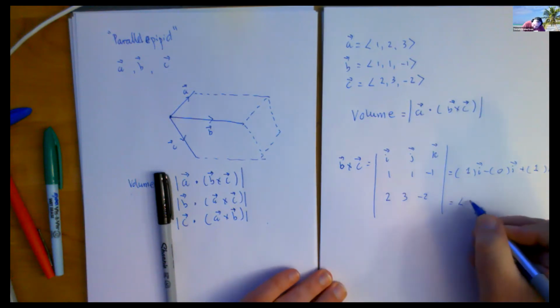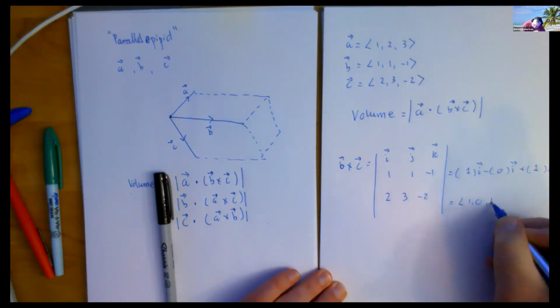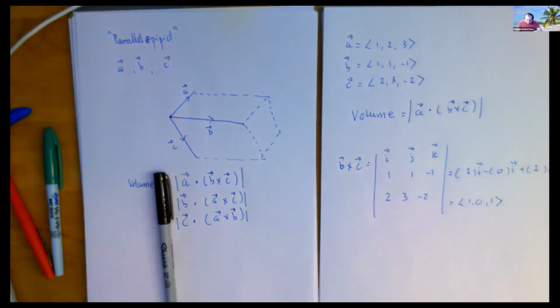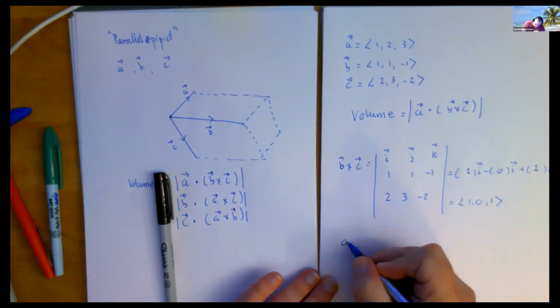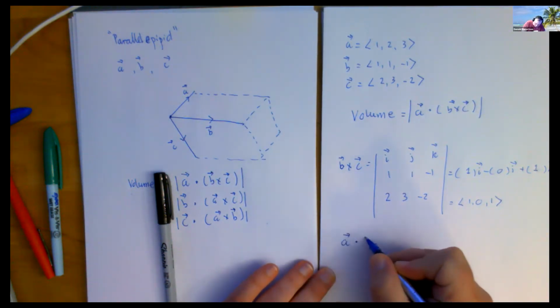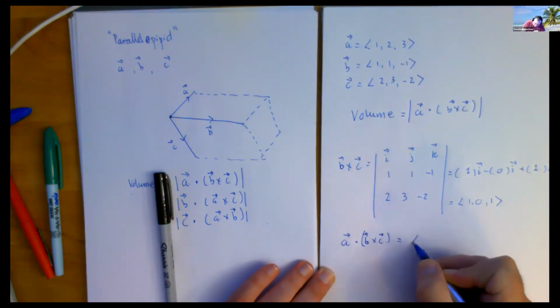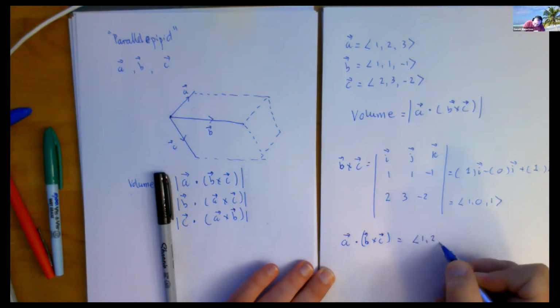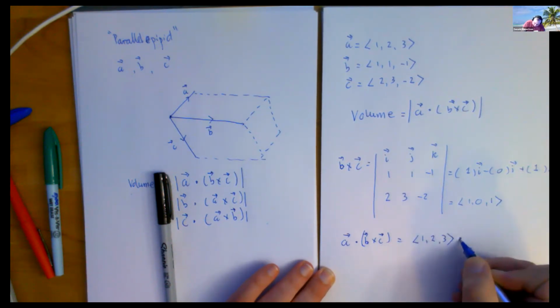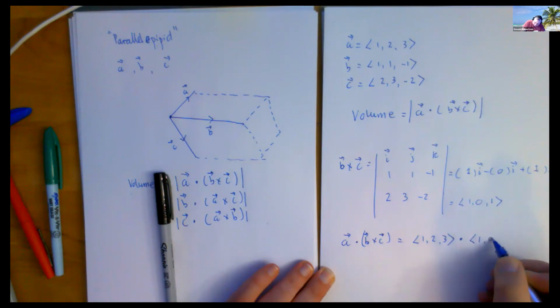You get 1, 0, 1. Now I do the dot product. So I'm going to do the vector 1, 2, 3, dot product with this fella.